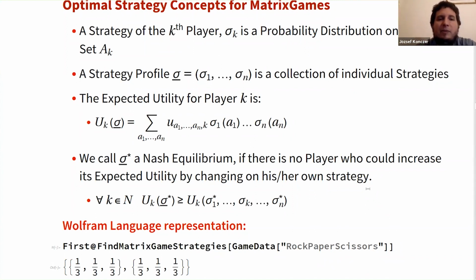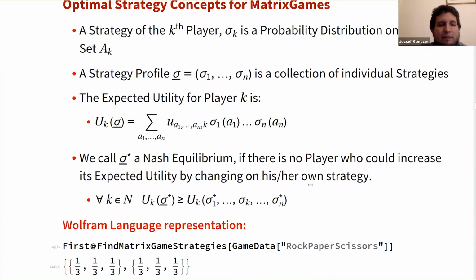Okay, so this is Nash Equilibrium. The famous theorem of Nash is that every finite game has at least one Nash Equilibrium. But I will mention that there are already many refinements of this concept actually.